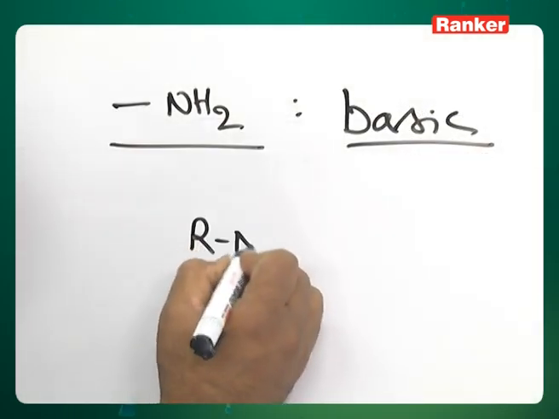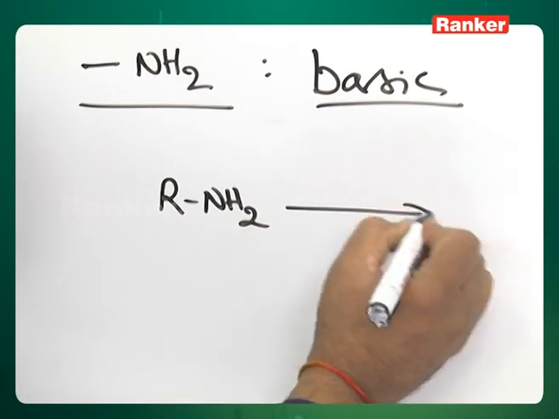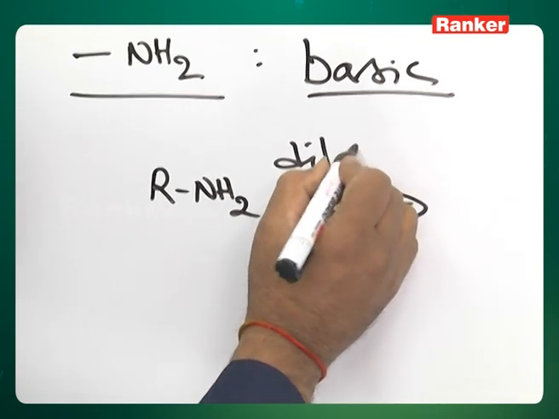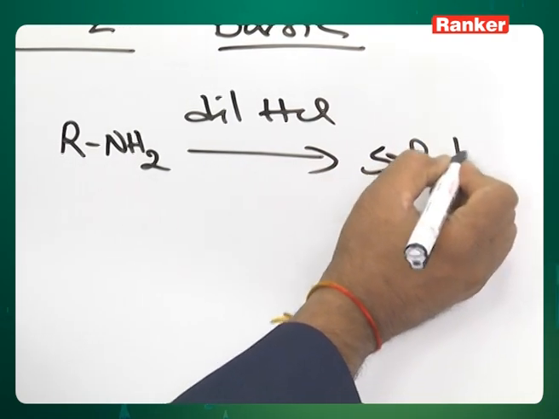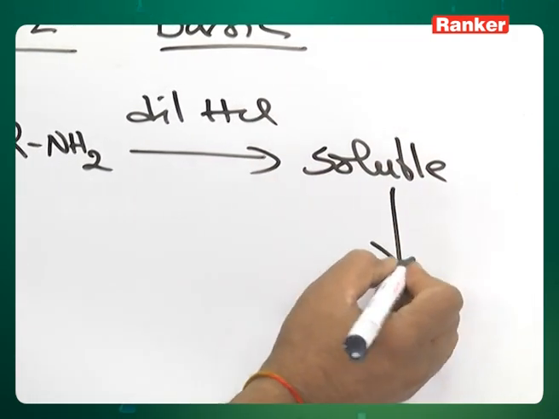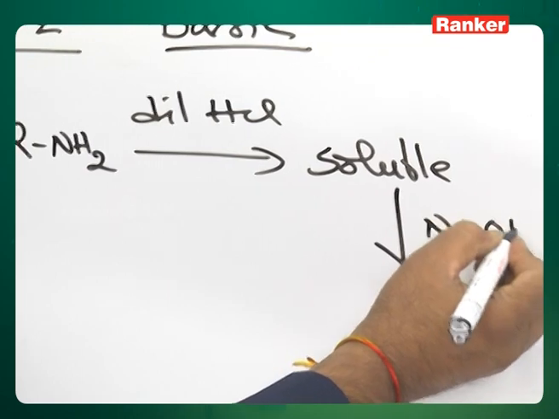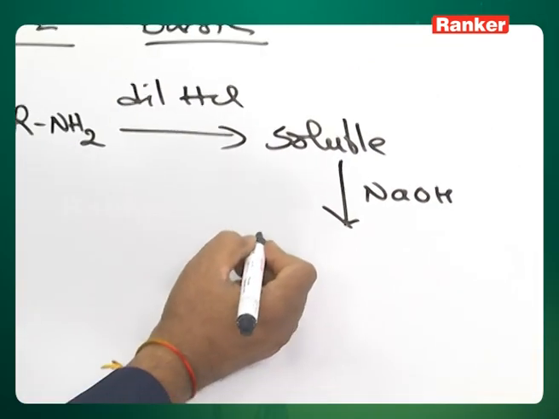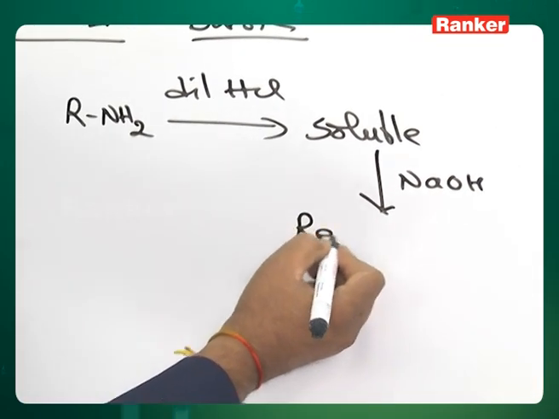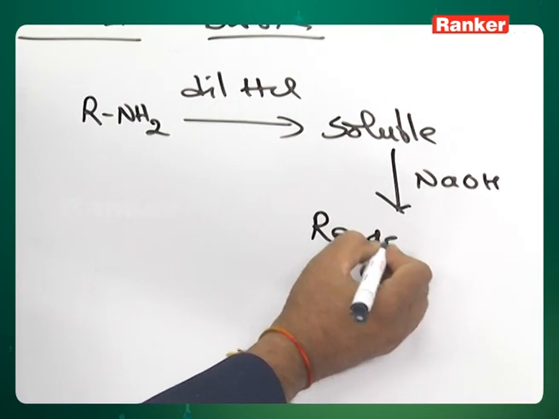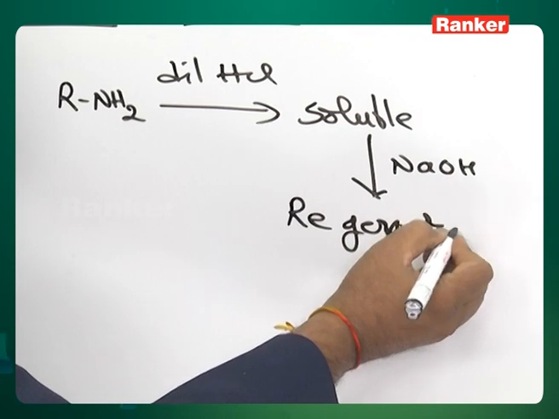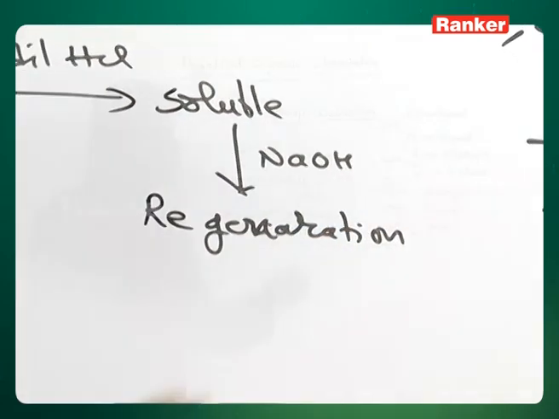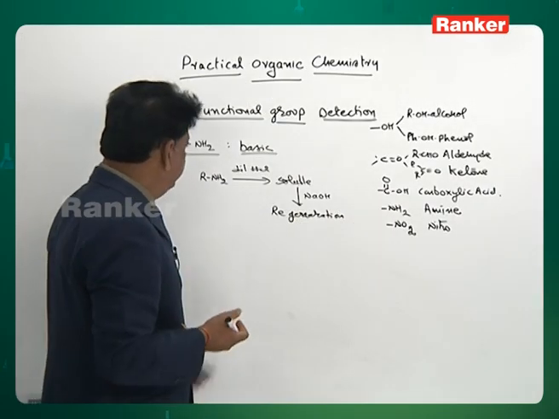Take any amine, add dilute HCl, it is dissolved or soluble. After solubility, if you add NaOH solution, there is regeneration or reappearance of the base.